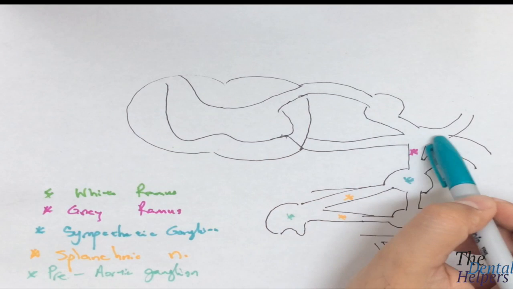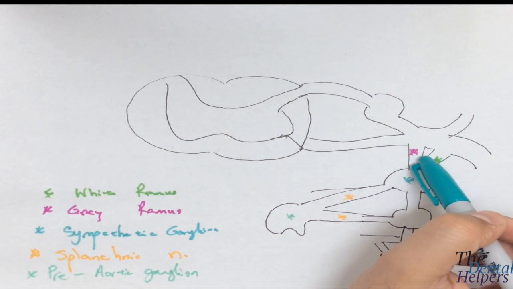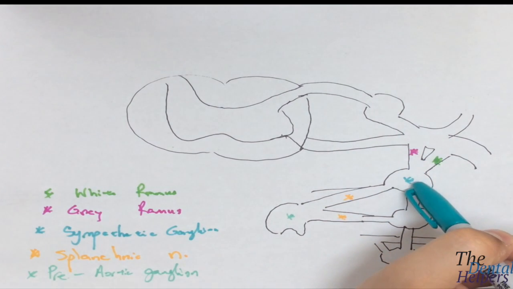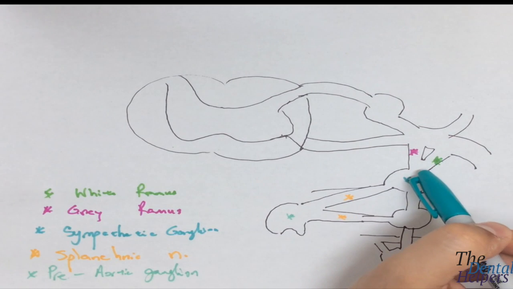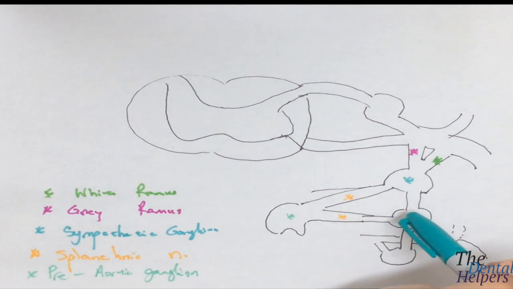Now in this case, we're coming down, and we're skipping the pre, and we're going down the post, so we're not having to worry about a synapse. And then we're going to go down the gray ramus, as we know the gray is the post, and we're going to target our spinal cord.